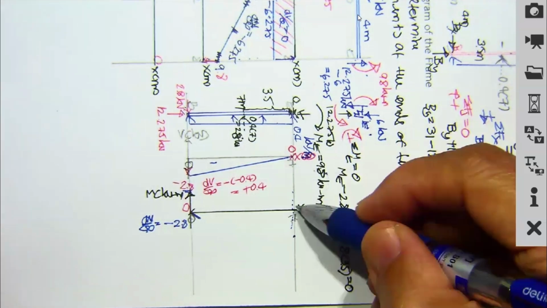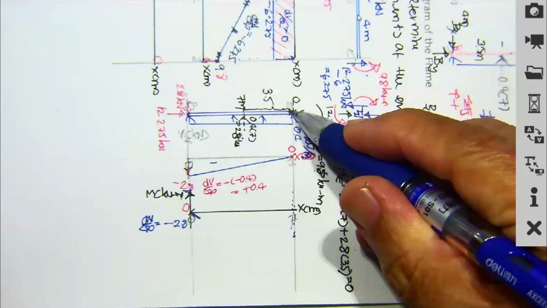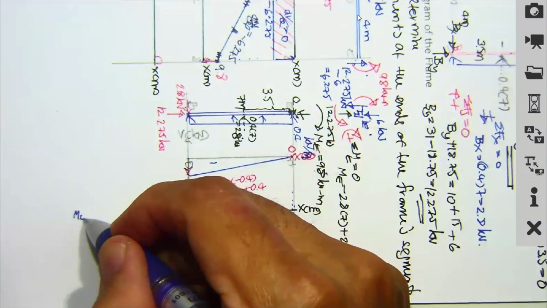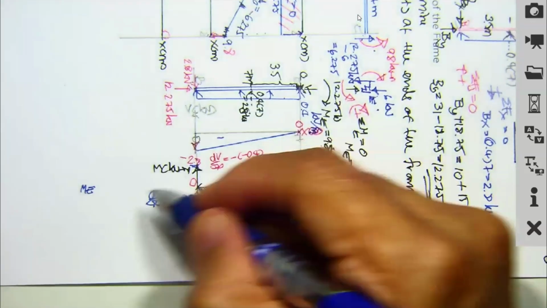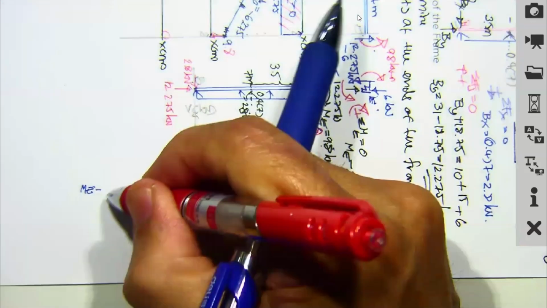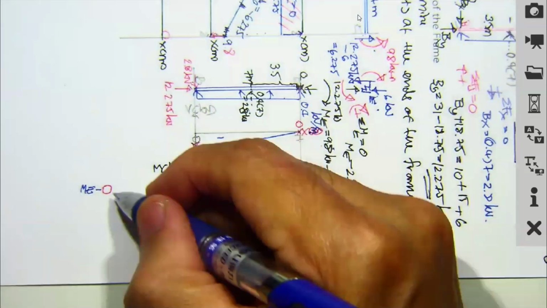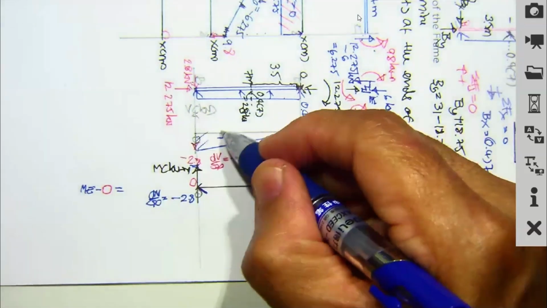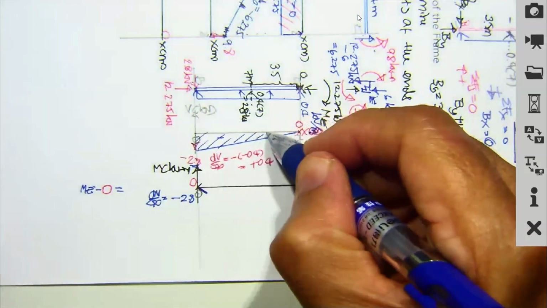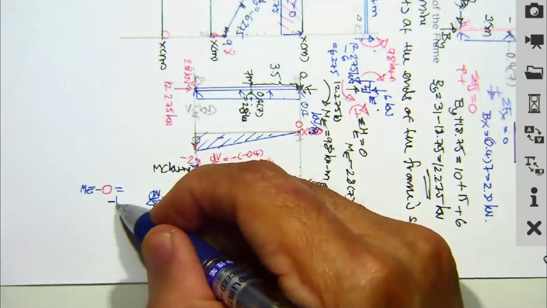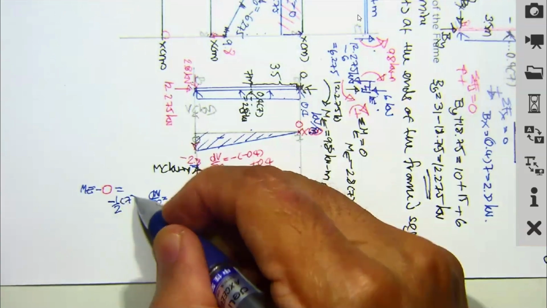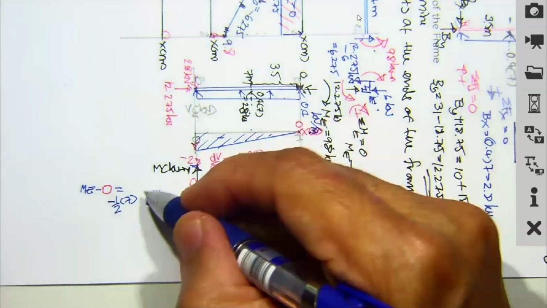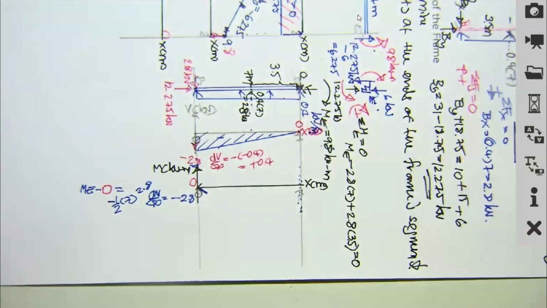Okay, but thinking about it, we don't know about it. So M sub E over here minus 0 is going to be equal to the area over here, minus 1/2 times the length of 7, and this is 2.8.